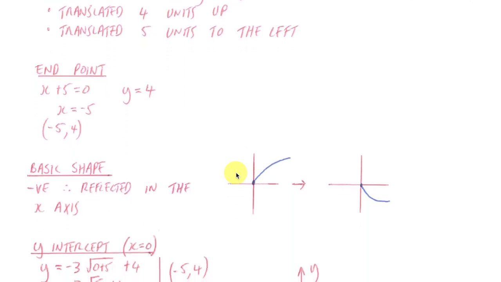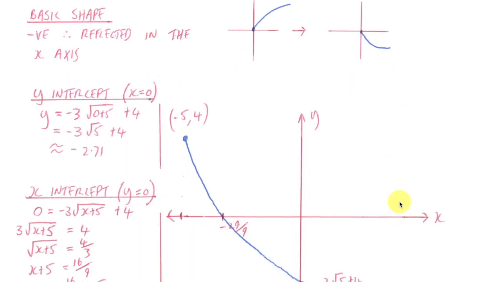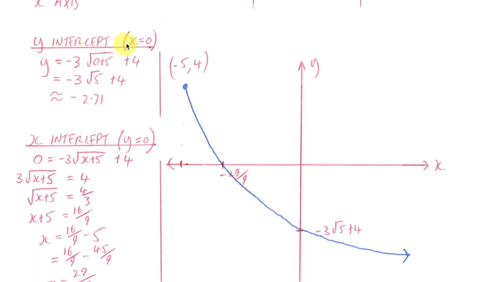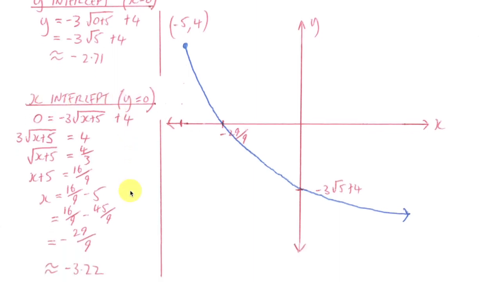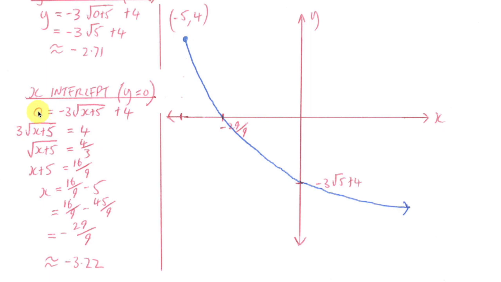Our basic shape, we started with this, but we've got a reflection in the x-axis, so it comes down. Y-intercept, just simply sub x equaling 0, we get this exact answer, and that's what you should write down on your graph, but it's approximately equal to this, just so you know roughly how much it is. X-intercept, make y equaling 0, so I've got that.